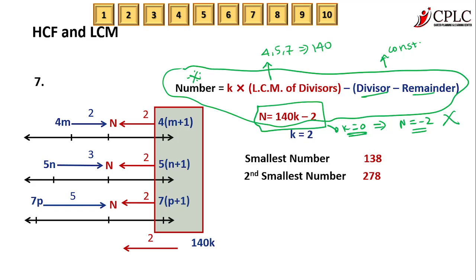So the second smallest number, the answer is 278, which is answer option 3 for this particular question. And this is the way to calculate such kinds of questions.